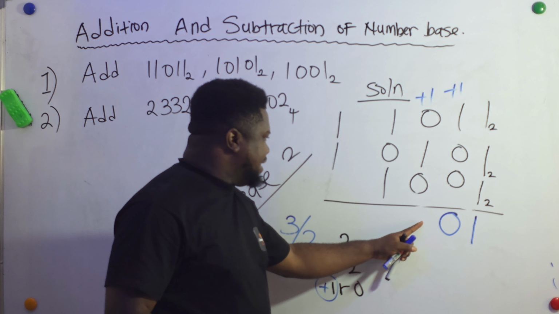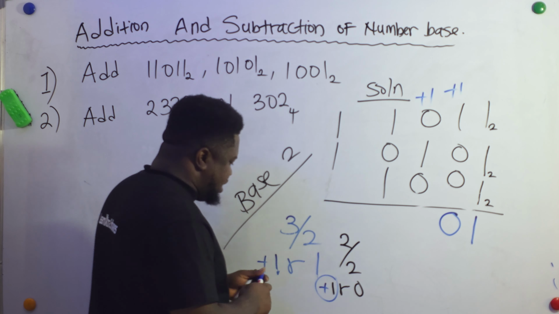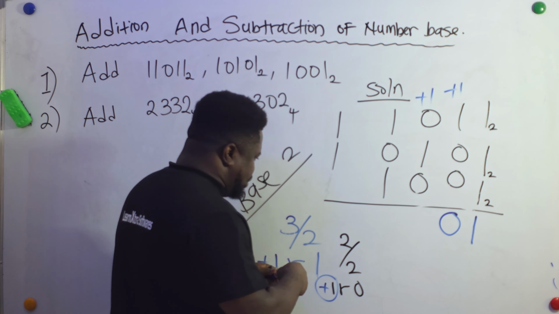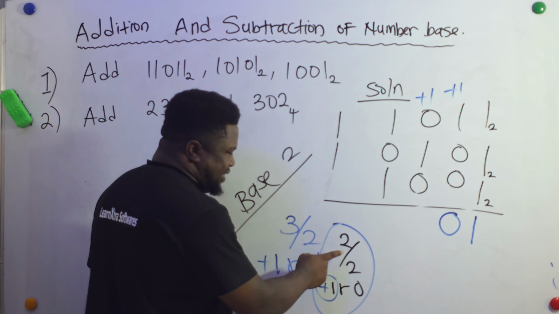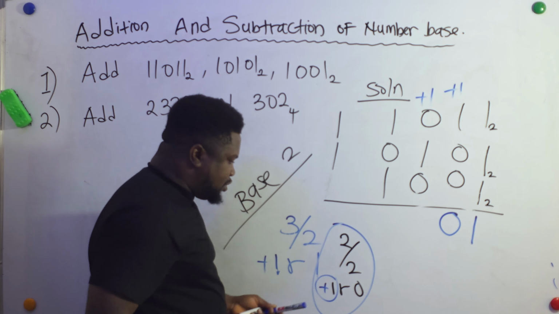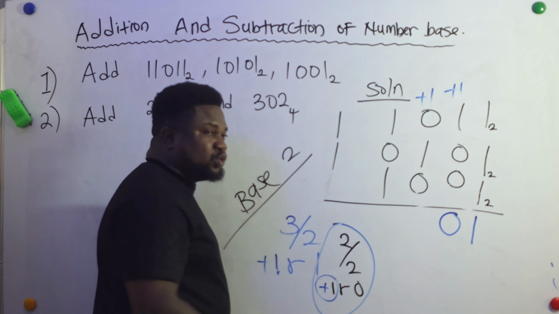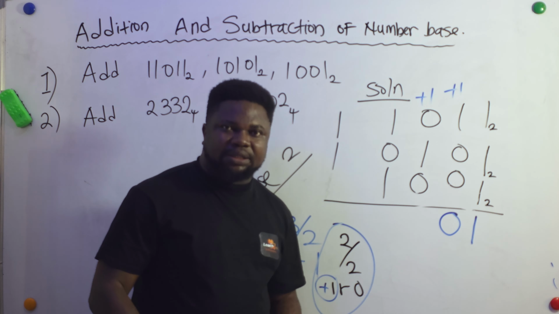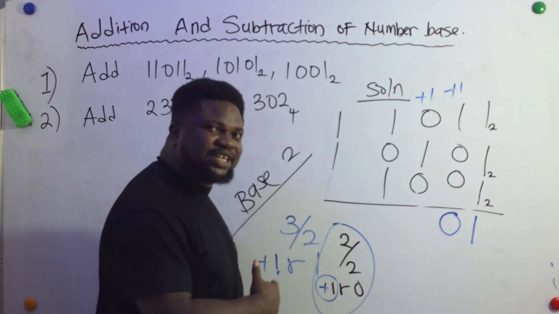So I will go and divide the 2 I got by 2. That same thing is going to happen here. 2 divided by 2 will give us 1, remainder 0. If 2 persons share 2 things, they have 1 each, and 0 will remain. That one is called what? The quotient.